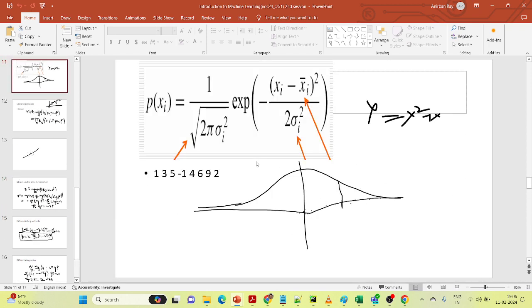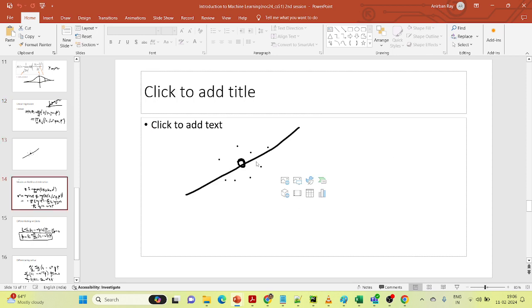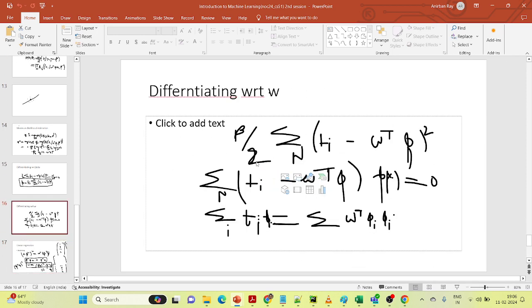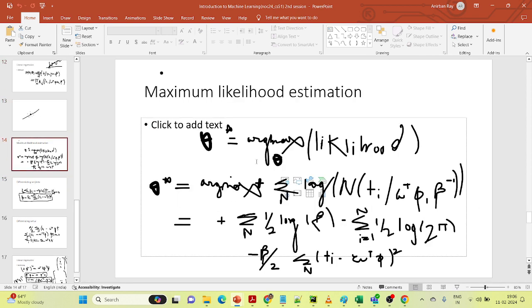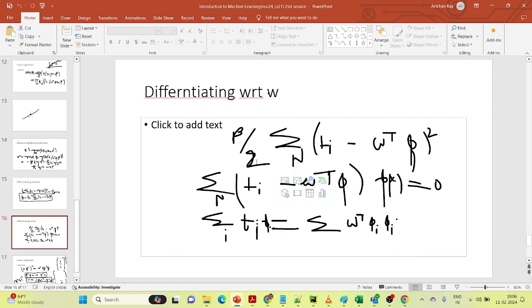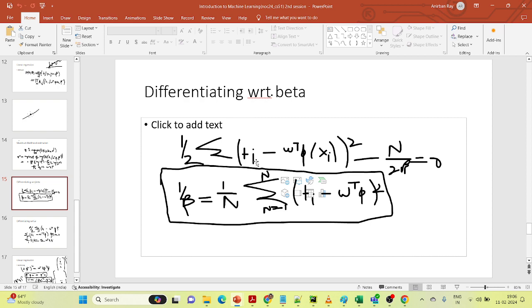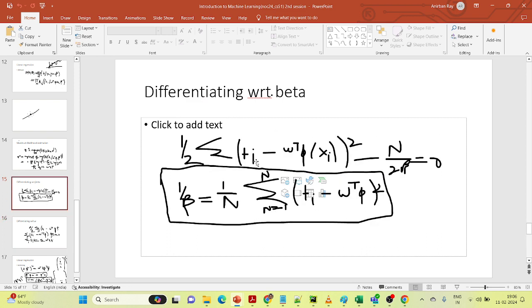You understood this one? Maximum likelihood, maximizing the likelihood to get to our cost function. As you can see, first we take the log of the likelihood. Then for maximizing, we have two parameters, beta and w. Beta is a scalar, and w is a vector here. So with respect to these we have to maximize the likelihood.